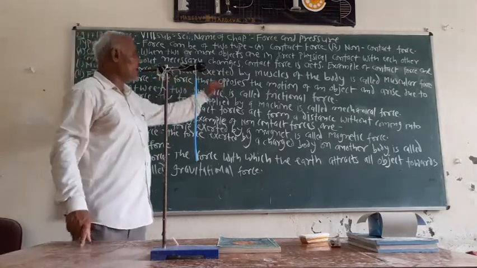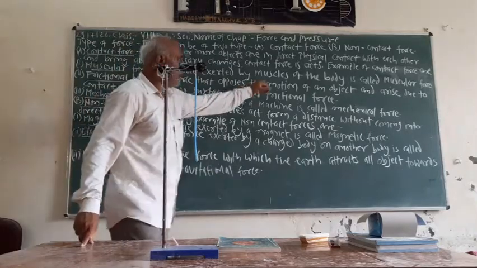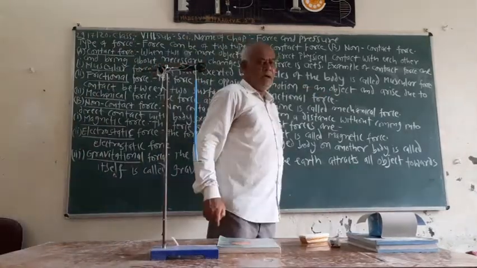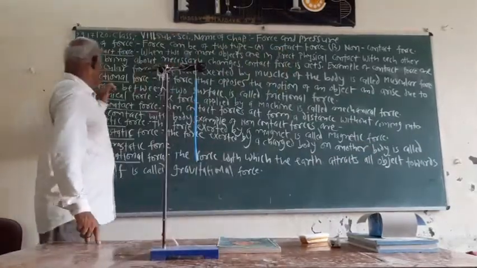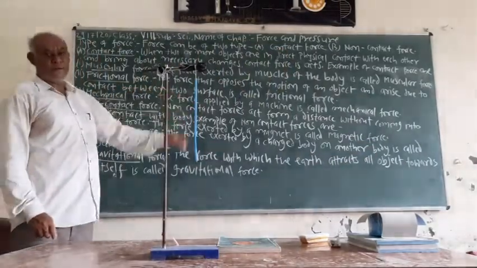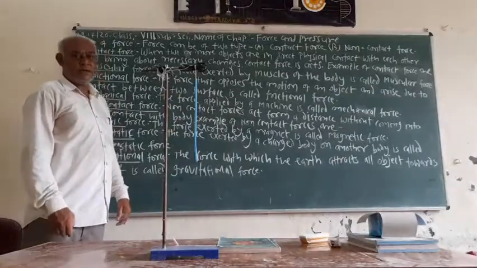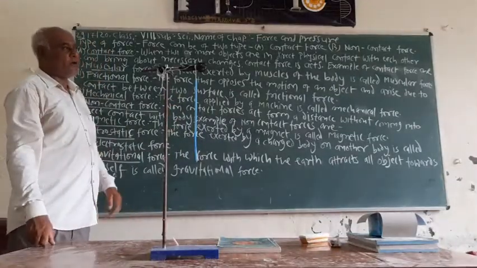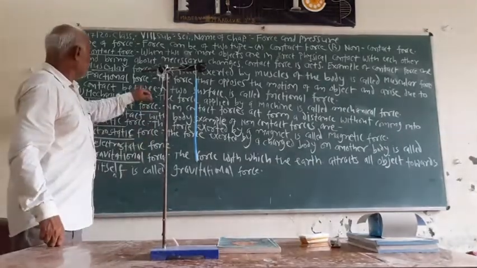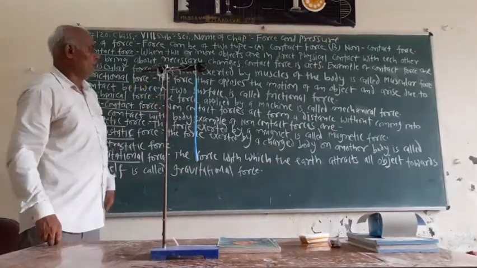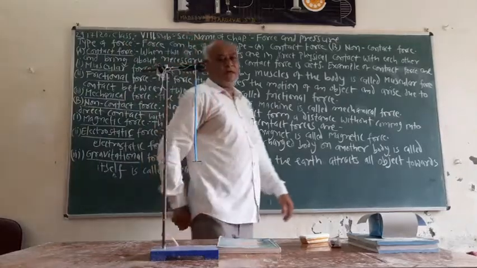The force that opposes the motion of an object arises due to contact between two surfaces. It means it is a contact force, called a frictional force.